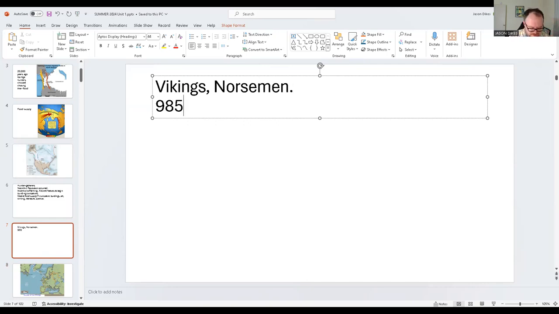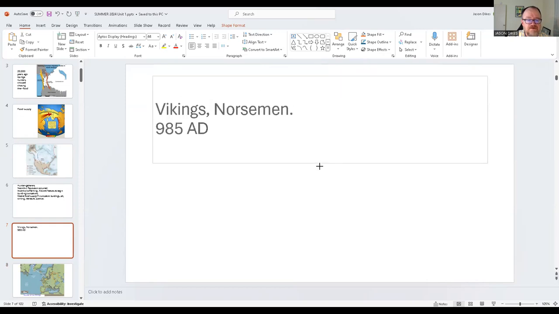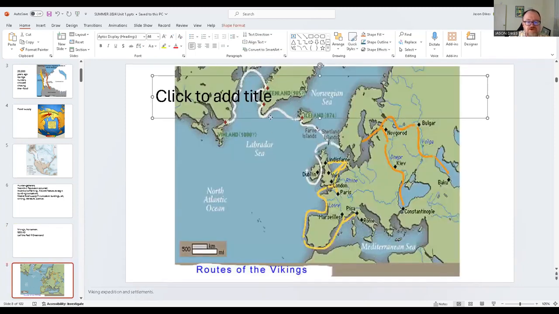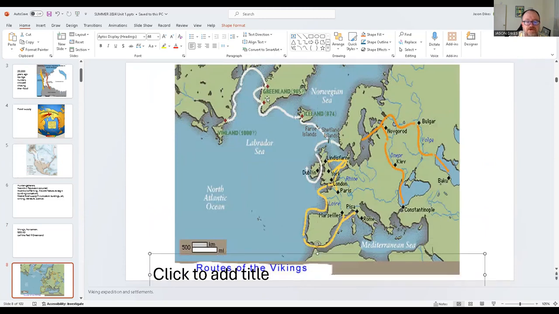Around 985 AD, a Viking by the name of Eric the Red landed his people at a place which he named Greenland, which you can see. Let me get rid of this thing here.